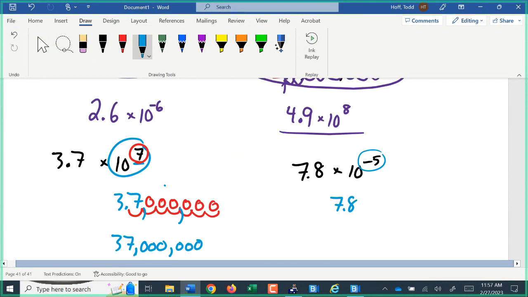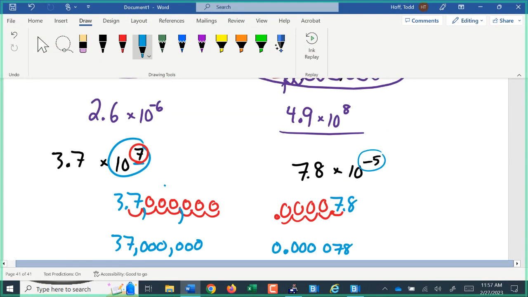So I have to move the decimal point 5 places to make this number smaller. So I'm going to the left. I go 1. I'm out of digits, so now I add zeros again. So 2, 3, 4, 5. My decimal point is going to go there. So I'm going to rewrite this as 0.000078. Put my extra 0 in front of the decimal point.